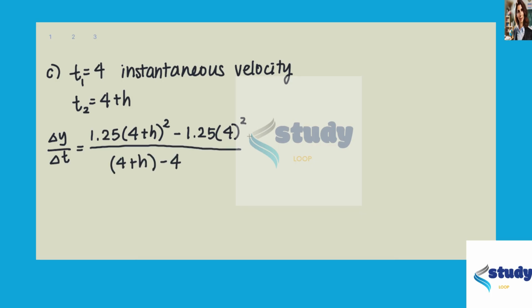When you expand the numerator out, it'll be 16 plus 8h plus h squared, minus 20, divided by the change in time. The 4 is canceled out by the negative 4. Therefore, we only have h on the bottom. We're going to keep solving this through.